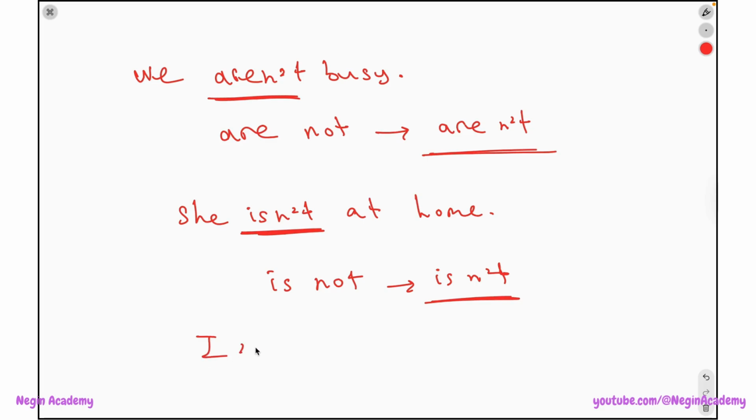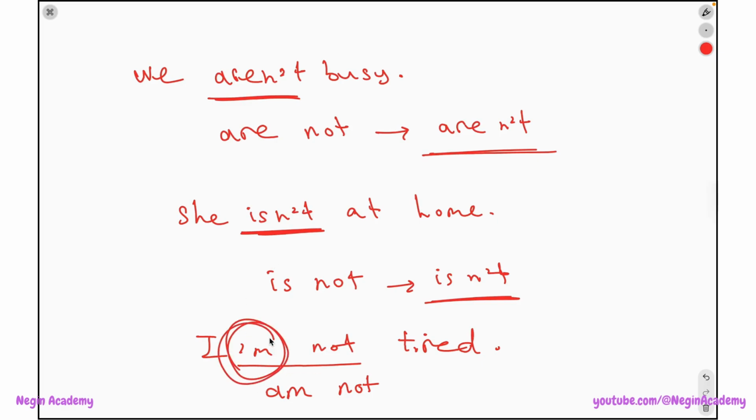I am not tired. I'm not tired. This is the exception. Please pay attention, guys. The full form is I am not, but the contraction is I'm not. Here we don't have two different forms to pronounce or write it. We have only one option. Whenever we have the to be am, we should only contract the to be. We have to leave not alone.